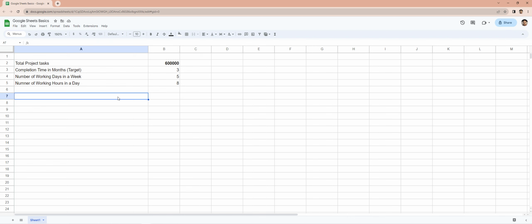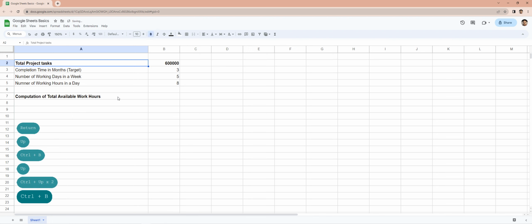So in order to do that, let's write: computation of total available work hours.